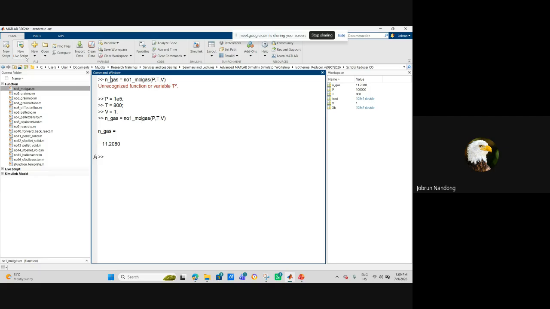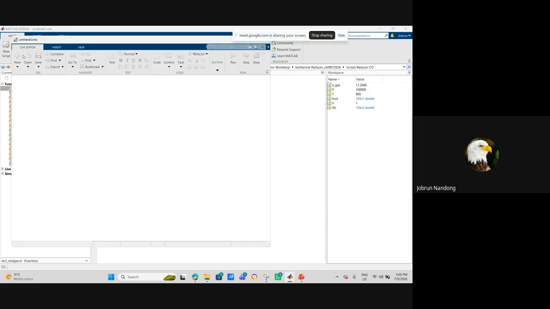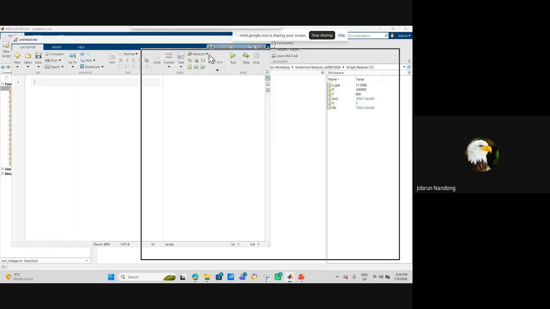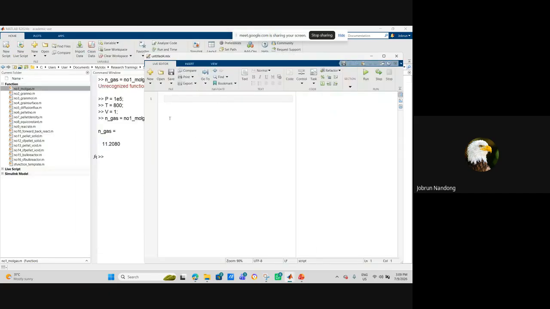I'm going to use a live script there. You can click on the new script, this one here. Now in the new script, I can do the same thing as well. Let's say you put P here. Again, this is a bit small, and I'm not so sure whether I can increase the size of this. Let me see first.